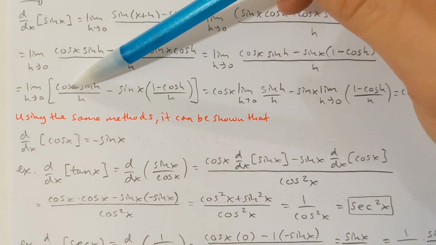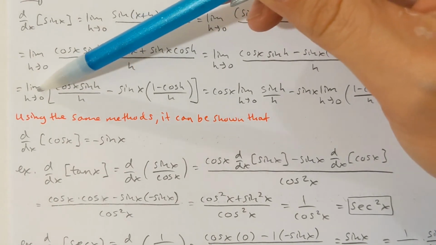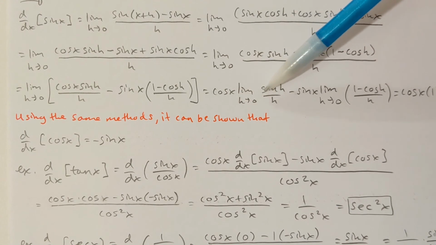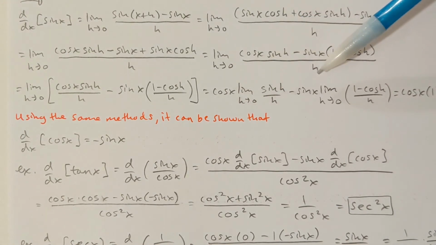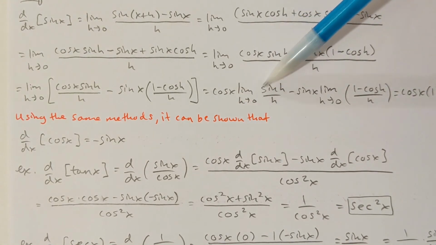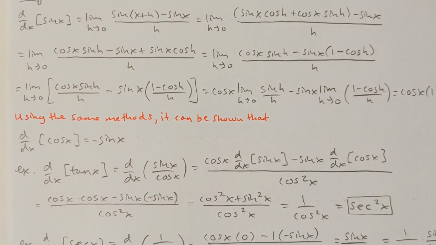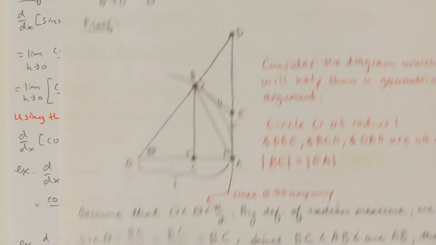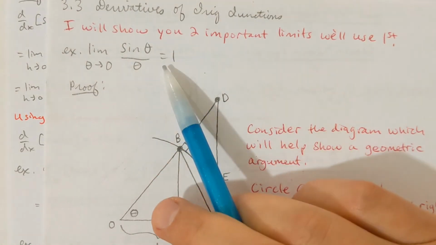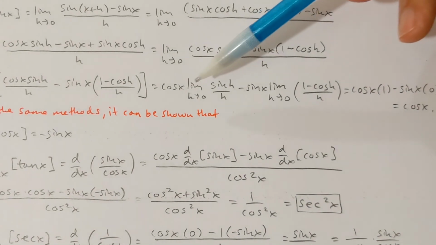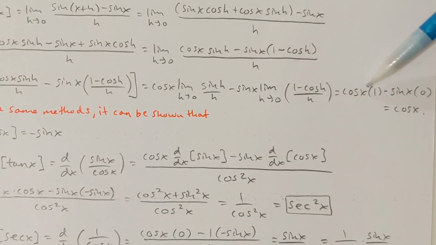Well, cosine x would be a constant, right? Since this limit is in terms of h, anything in terms of x can be treated as a constant. Constants can come out of limits. And the limit as h approaches 0 of sine h over h, that's equal to 1, right? That was the first limit that I had shown you here. We get 1 for that. So I've got cosine x times 1.